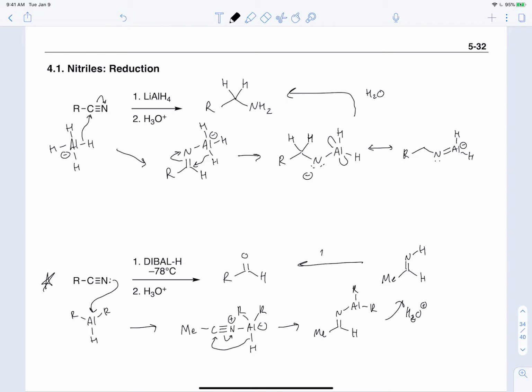Then further workup with water is just an imine hydrolysis, where we protonate the nitrogen of the imine, have water attack, make the nitrogen a good leaving group through further proton transfers, and eventually get to an aldehyde. This is an equilibrium process that'll be highly favored. All the ammonia that leaves will be leaving as ammonium, because it'll get protonated in the acidic media, so you don't really have the equilibrium backwards anymore.